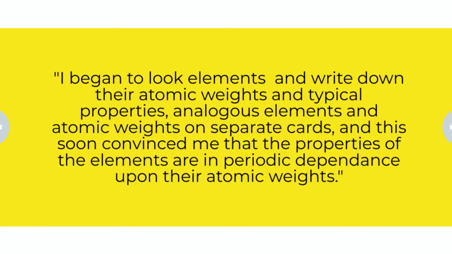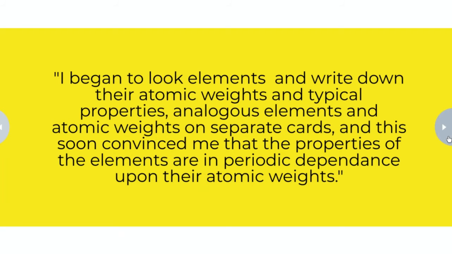I began to look at the elements and write down their atomic weights and typical properties, and the analogous elements and atomic weights on separate cards, and this soon convinced me that the properties of the elements are in periodic dependence upon their atomic weights. That's what we're looking at.